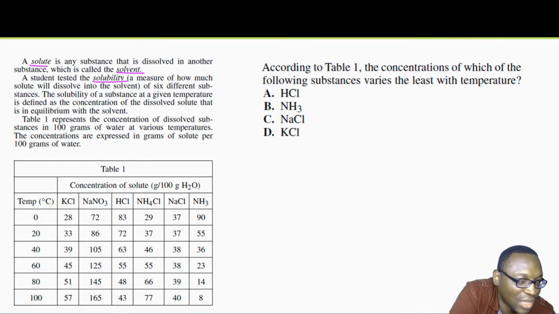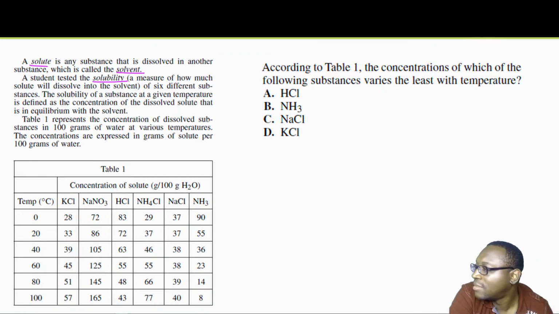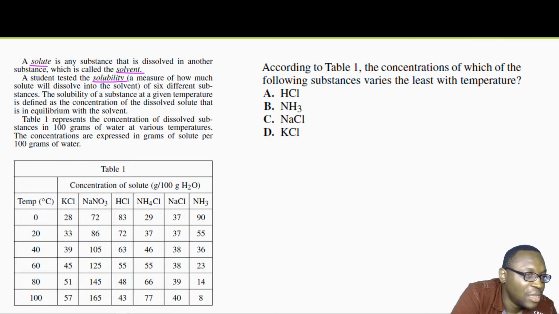So we're going to answer, are you all done reading the science passage? Do you understand it? So here, this table is talking about solutes and solvents, and we're looking at the concentration of a solute in 100 grams of water and at different temperatures.